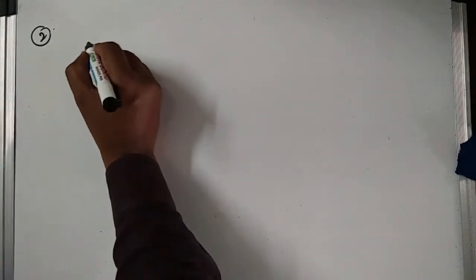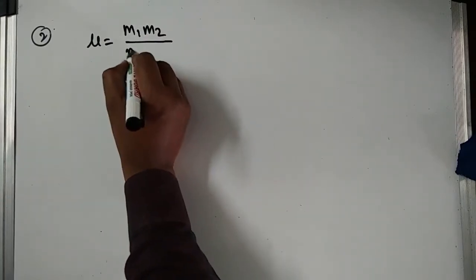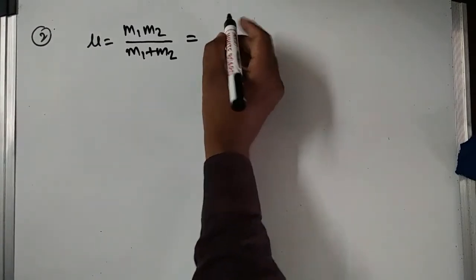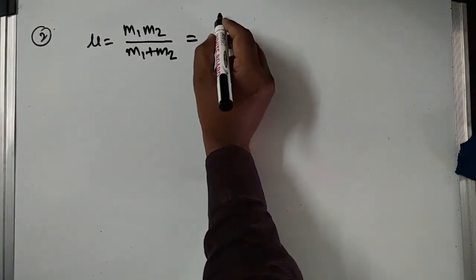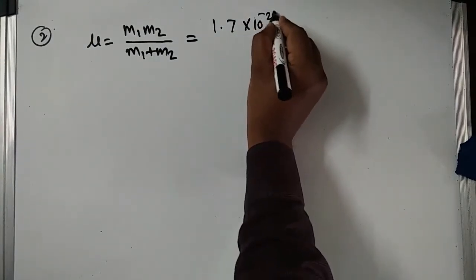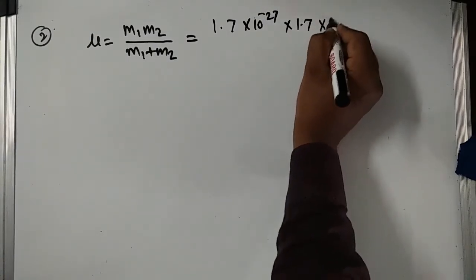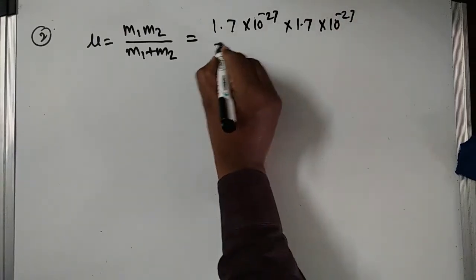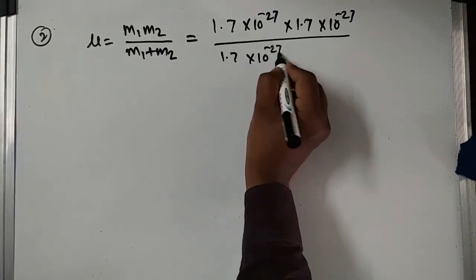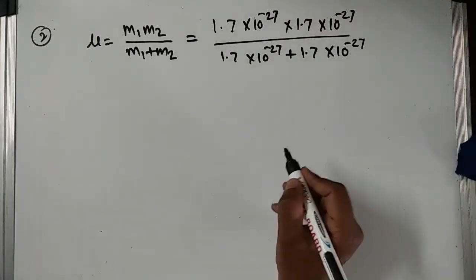So mu is equal to m1 into m2 upon m1 plus m2. For m1 and m2 we have both the protons, so they are the same. So 1.7 into 10 raised to minus 27 kg into again 1.7 into 10 raised to minus 27 kg, divided by 1.7 into 10 raised to minus 27 kg plus 1.7 into 10 raised to minus 27 kg.